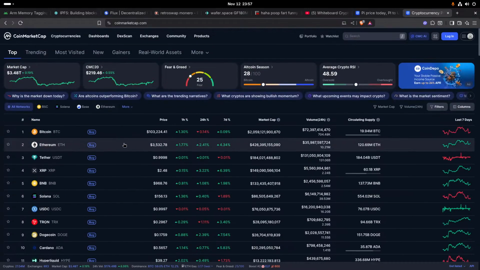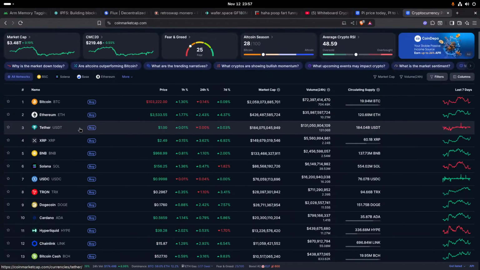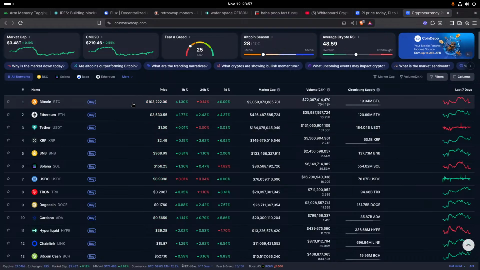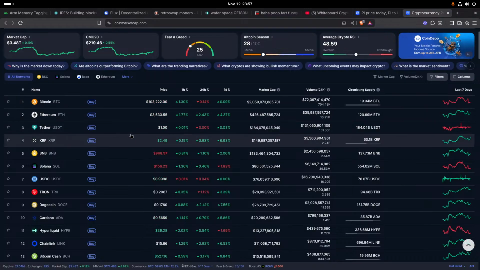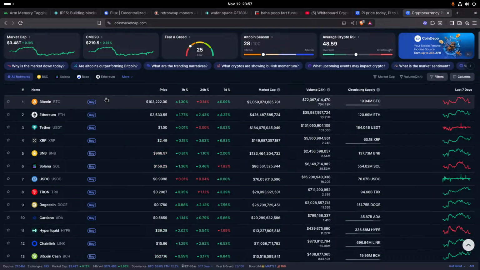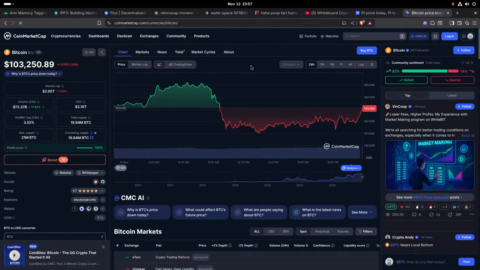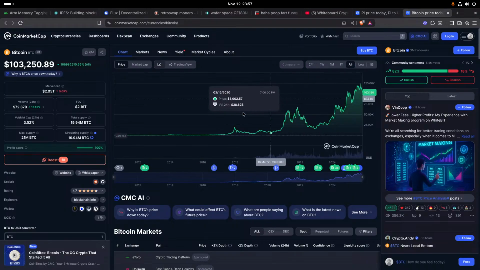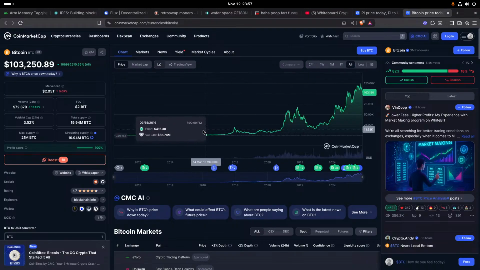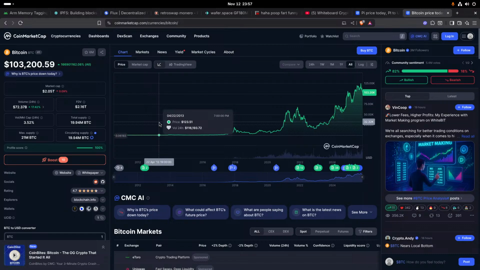What is on the top? So Bitcoin obviously number 1, 100K. Guys, instead of eating lunch, you should have been buying Bitcoin in 2009. Let's look at the all-time performance. Guys, instead of shitting and farting in 2013, you should have been buying Bitcoin at $123.